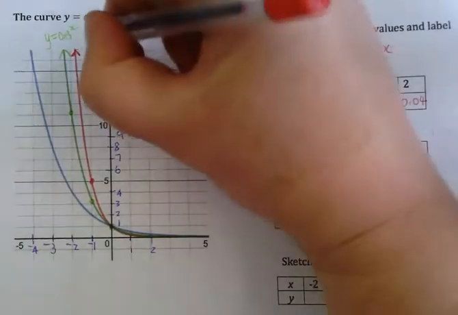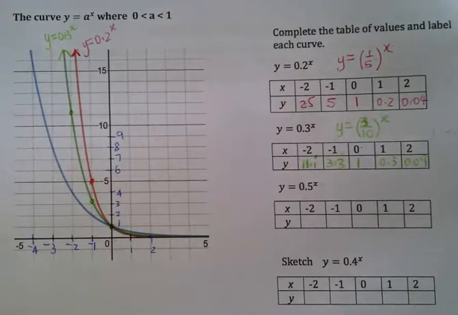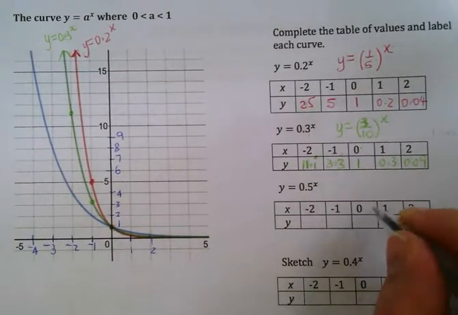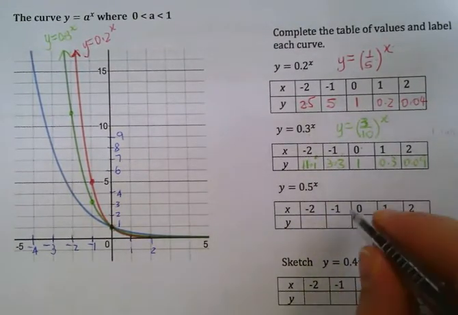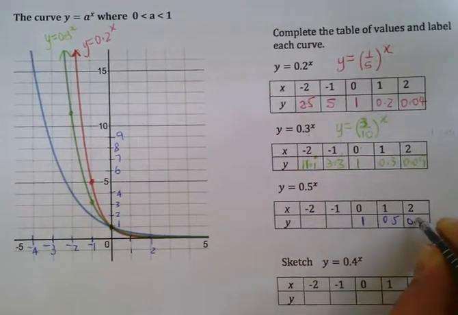The red one is y equals 0.2 to the power of x. And the blue one is more than likely 0.5 to the power of x. Has anyone done their table of values?